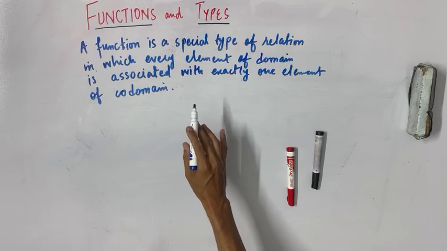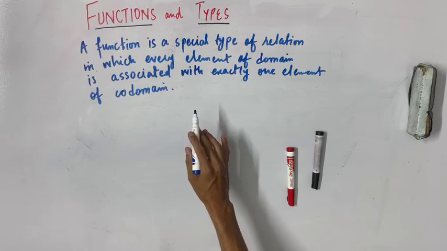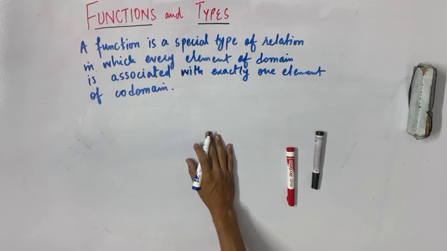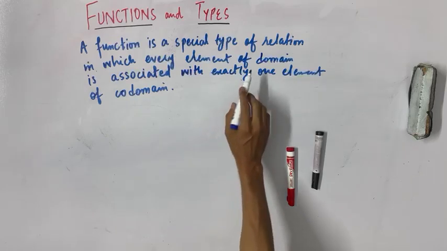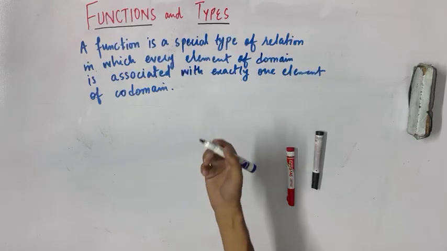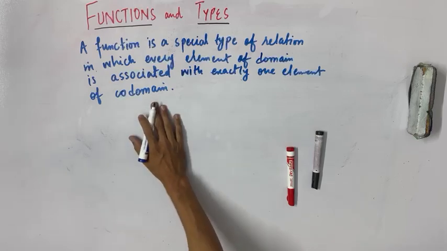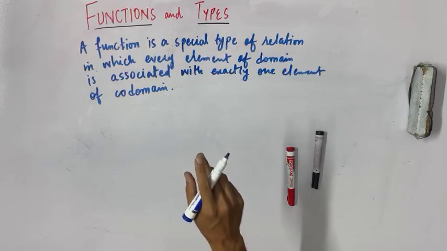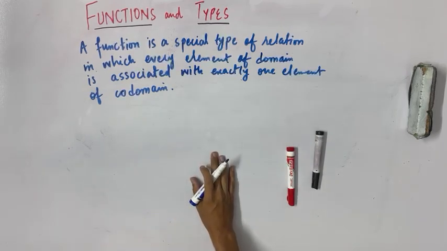Here you need to understand one very important thing, and you can relate it with a practical life example. For example, you can take the domain as an input and the element of codomain as an output. Now you are in your room and you are using the switchboard, and you turn on the fan by using a switch or a button.